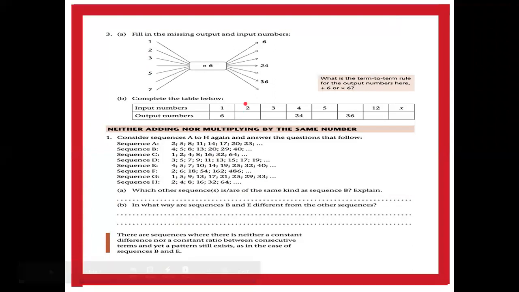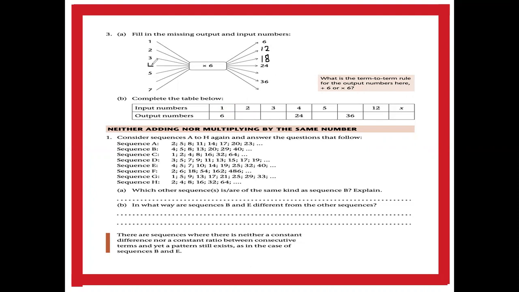Fill in the missing output and input numbers. Okay, so these are the input numbers. So 1 times 6 will give us 6. 2 times 6 will give us 12. 3 times 6 will give us 18. And then something times 6 will give us 24. What is that?